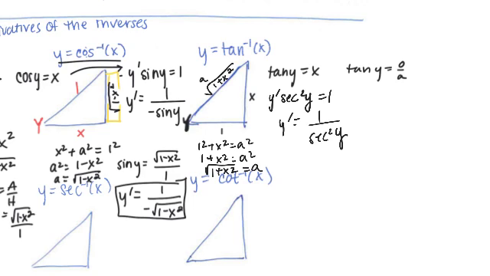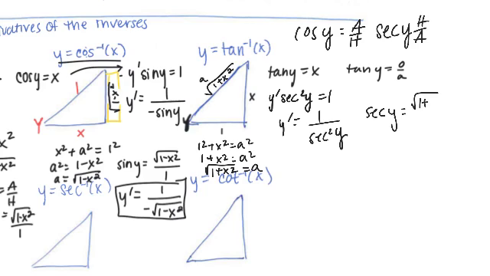All right. So secant is the reciprocal of cosine. Remember, cosine of y equals adjacent over hypotenuse. So that means secant of y is going to be hypotenuse over adjacent. So secant of y equals my hypotenuse, the square root of 1 plus x squared, over my adjacent.